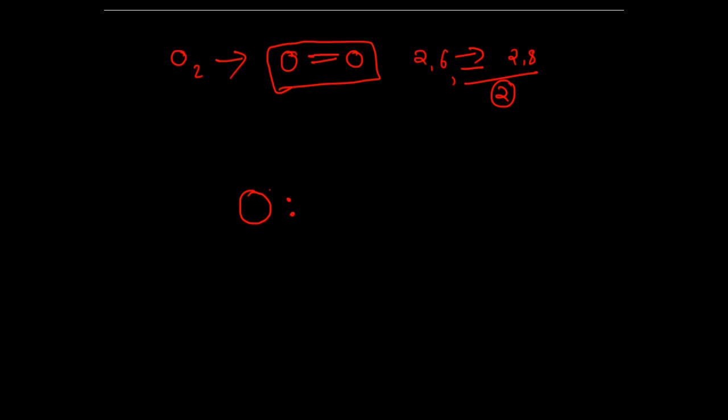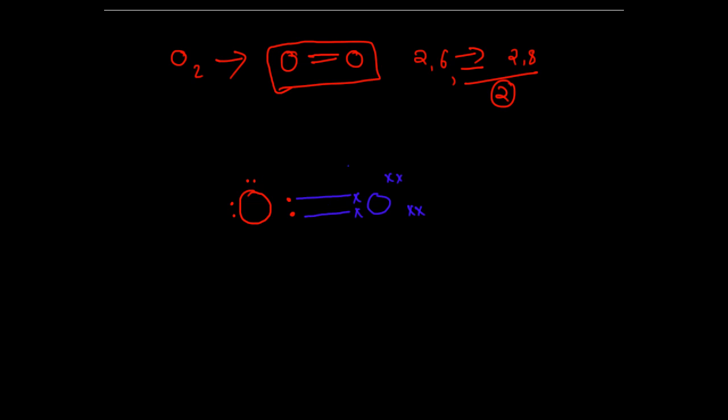1, 2, since it has 6 outermost electrons, 6, and the same is the case for the next oxygen atom. O, 1, 2, 3, 4, 5, 6. Now when the sharing occurs, bond is formed between these two electrons.